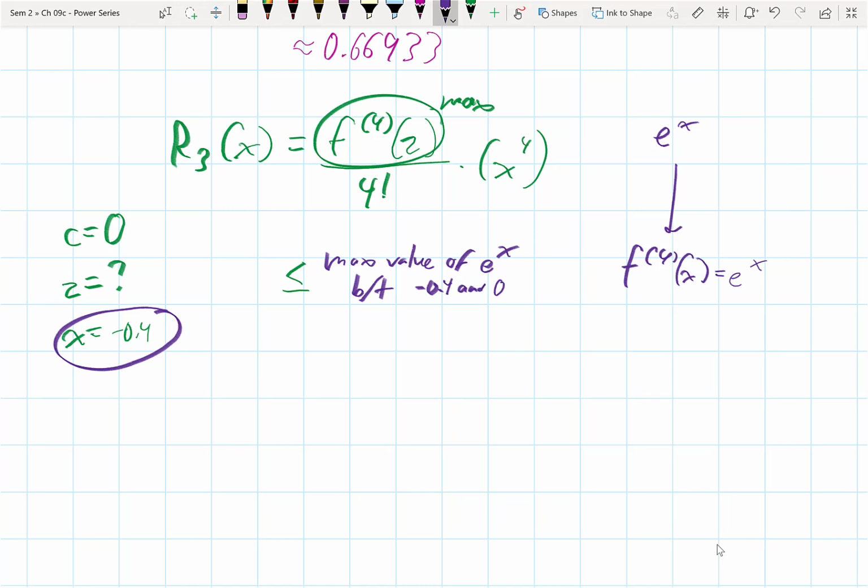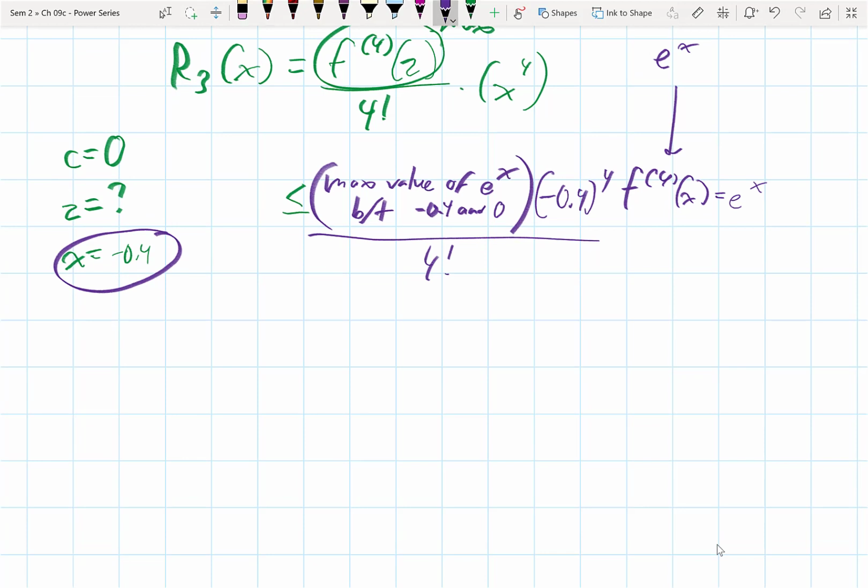So the max value of e to the x between negative 0.4 and 0. That's what I'm looking for. That's what this inequality establishes, times negative 0.4 to the fourth over 4 factorial.